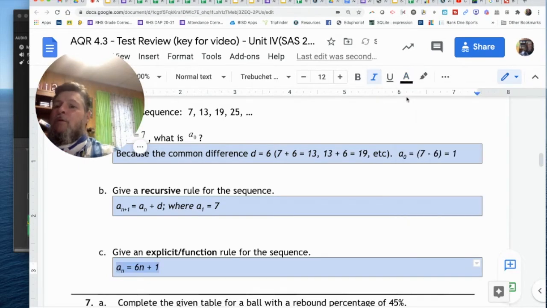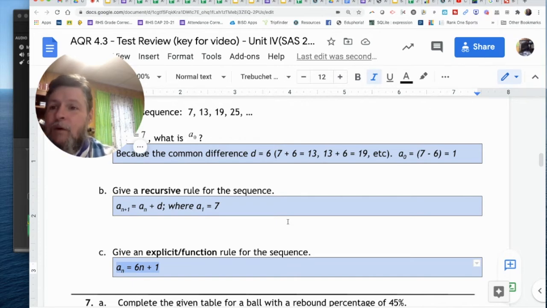So if n is 0, we multiply 0 by 6 and we add 1. Well, if n is 1, we multiply 6 times 1 and we add 1, and that's 7. If n is 2, we multiply 6 times 2, and that is 12, plus 1 is 13. So we're getting the sequence using this.